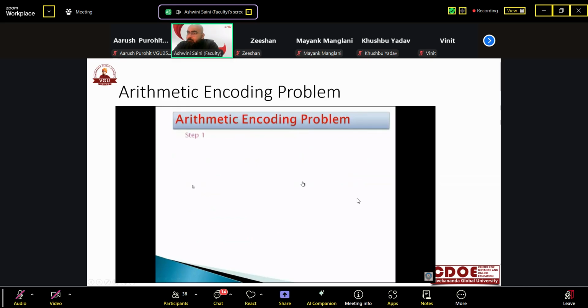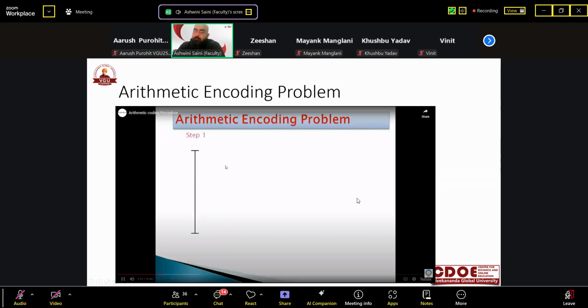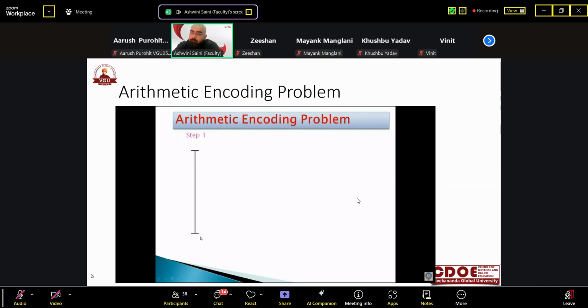Step 1. As I told, the range 0 to 1 is divided into 5 different symbols because 5 symbols are given in this example. That's why the range is taken between 0 to 1. This range is divided into 5.